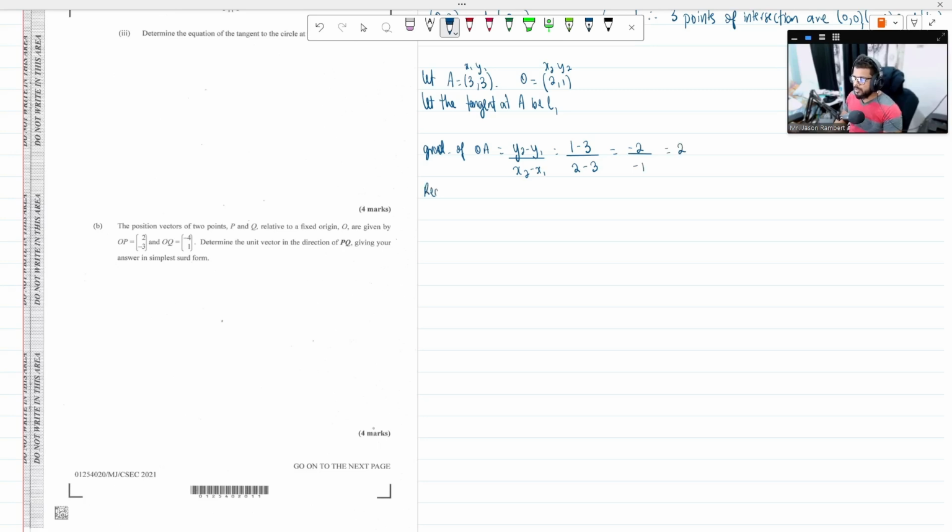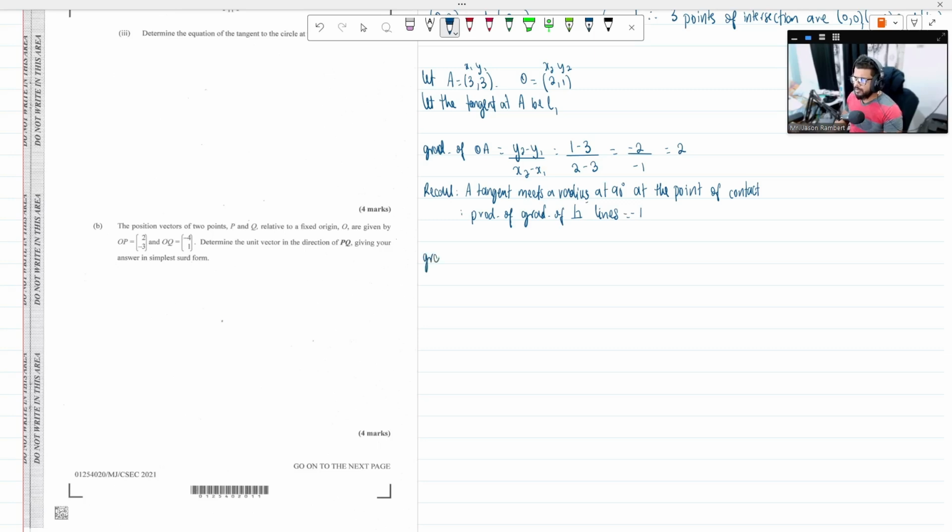Now, recall two laws here for the equation of tangents. A tangent meets a radius at 90 degrees at the point of contact, as well as the product of gradients of perpendicular lines is minus 1.